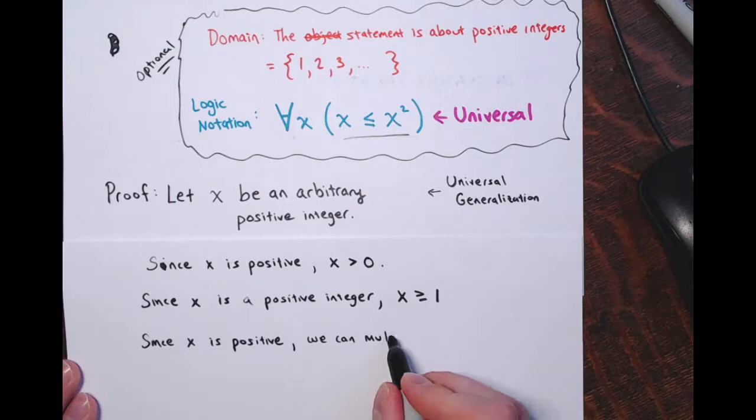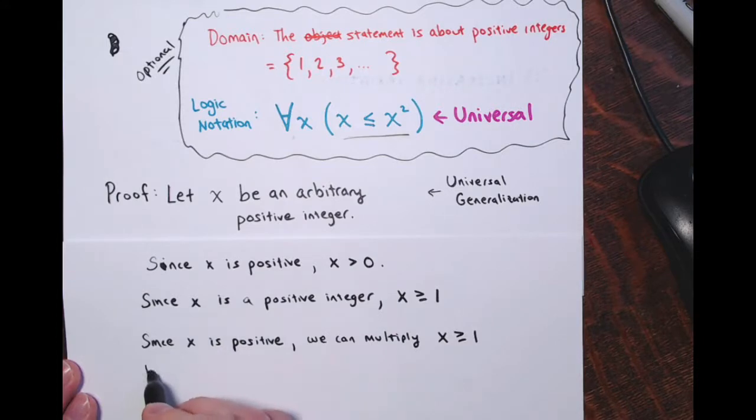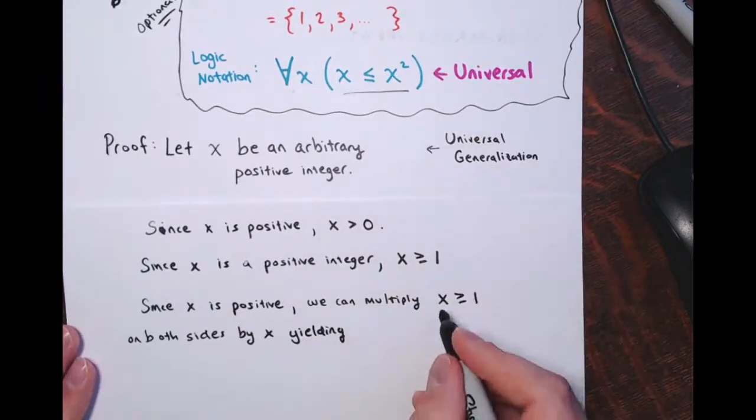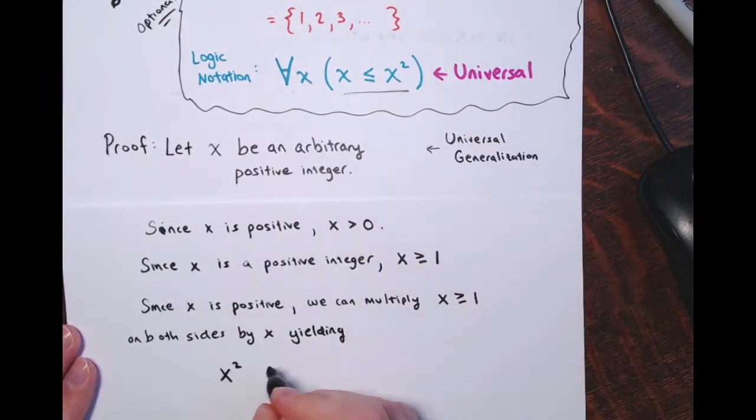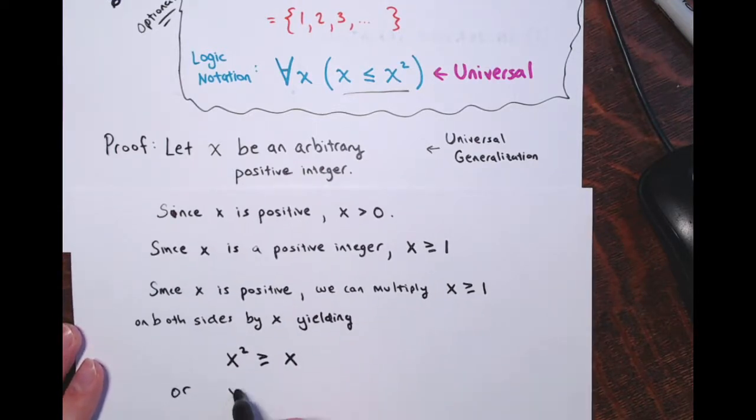We can multiply x is greater than or equal to 1 on both sides by x, and the inequality will not change, yielding or producing the following. You'd have x squared on the left side, and it is greater than or equal to x on the right. Or, if you just switch sides here, x is less than or equal to x squared.